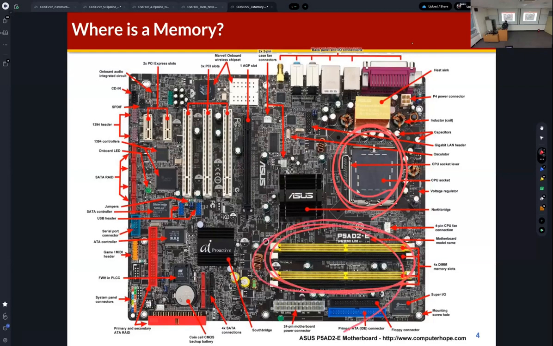In traditional desktop computer systems, we just insert memory DIMMs in these slots. So the memory is here, but this memory is the DRAM, the main memory.